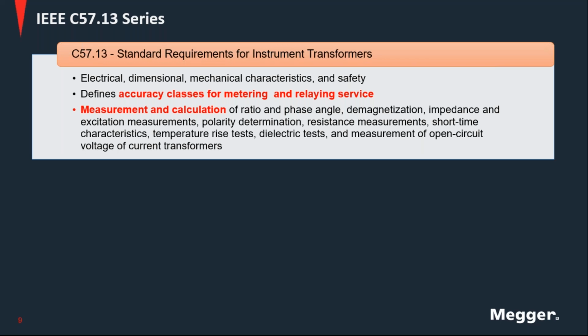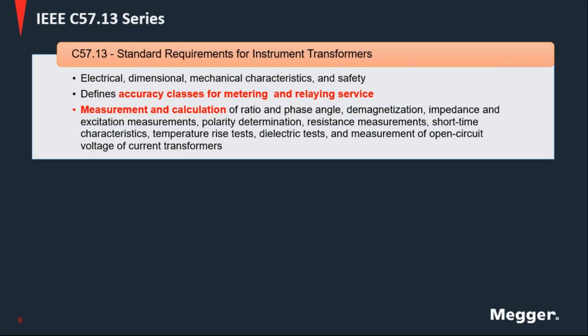We are verifying that the instrument can perform as per the classification it was designed to. The document also establishes all the measurements and calculations for the different tests that need to be performed to assess that transformer.